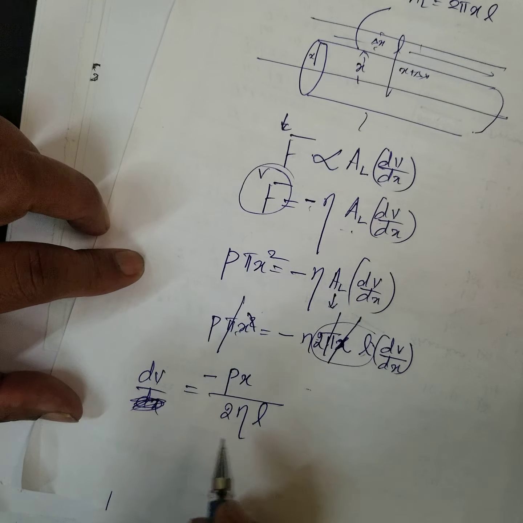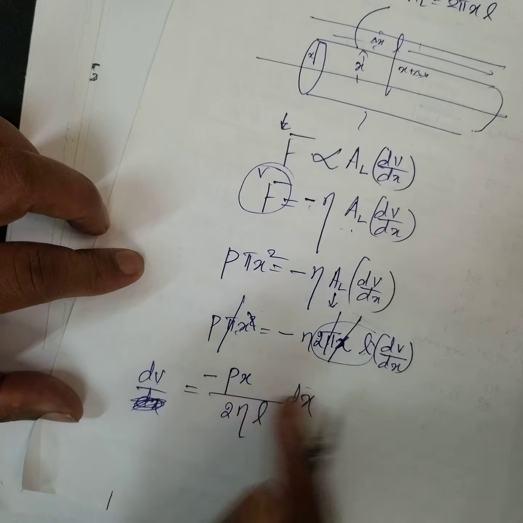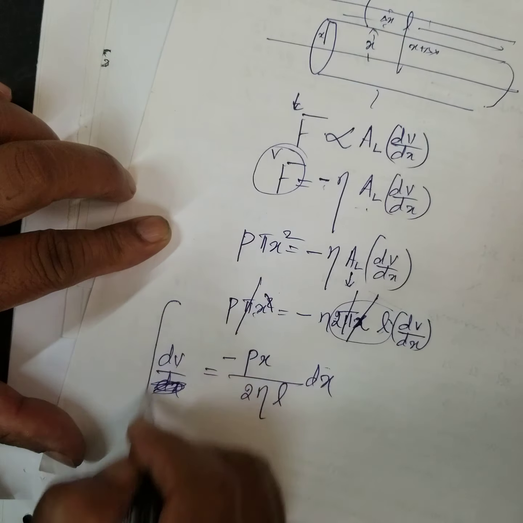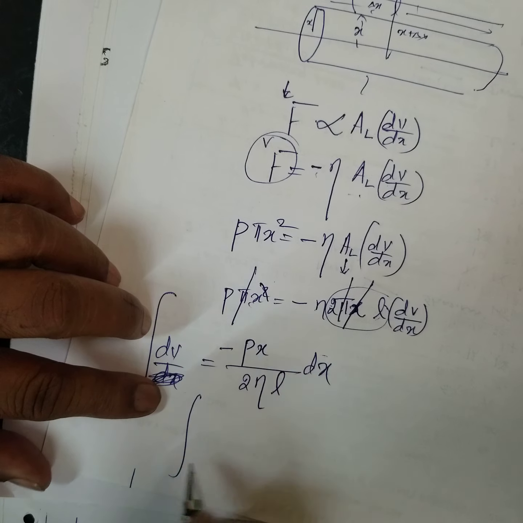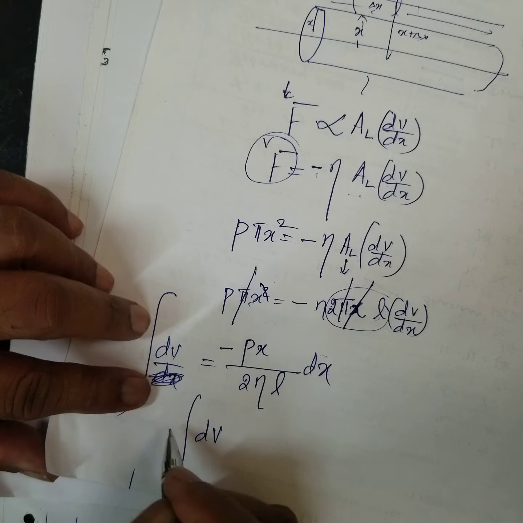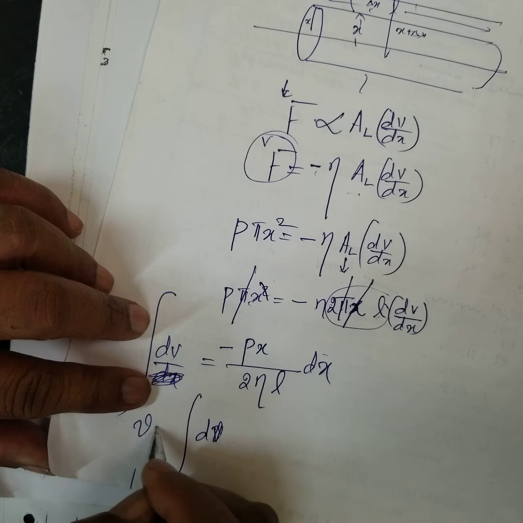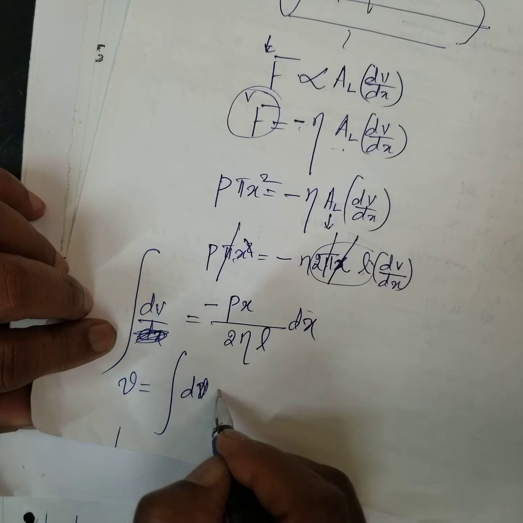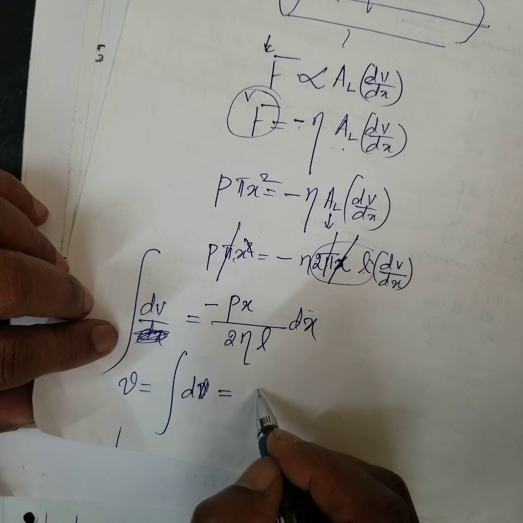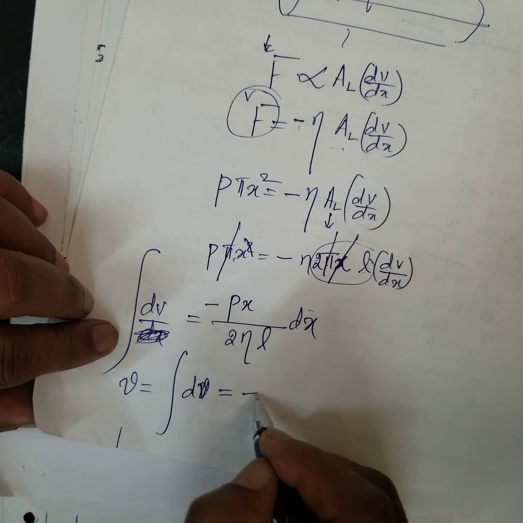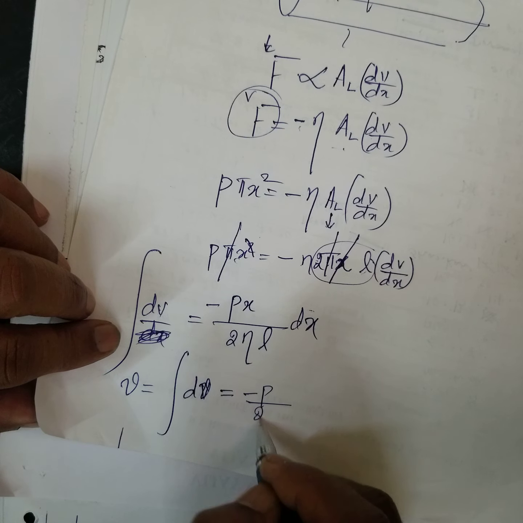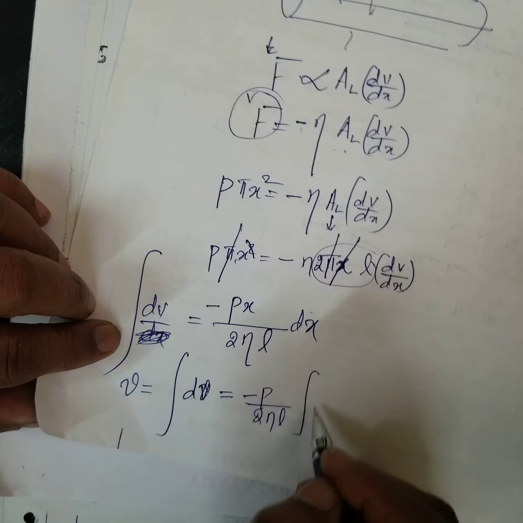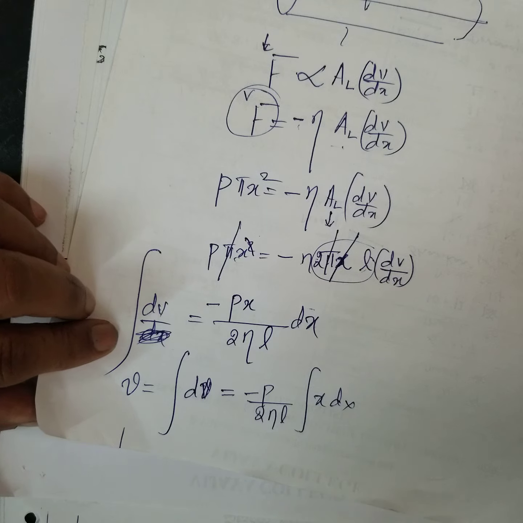Then you cross multiply. Therefore, dV is equal to, dx comes here. Then integrate it. How to integrate? If you integrate dV, this is V, velocity. Not the velocity gradient; you integrate dV is equal to minus P by 2 eta L, x dx.